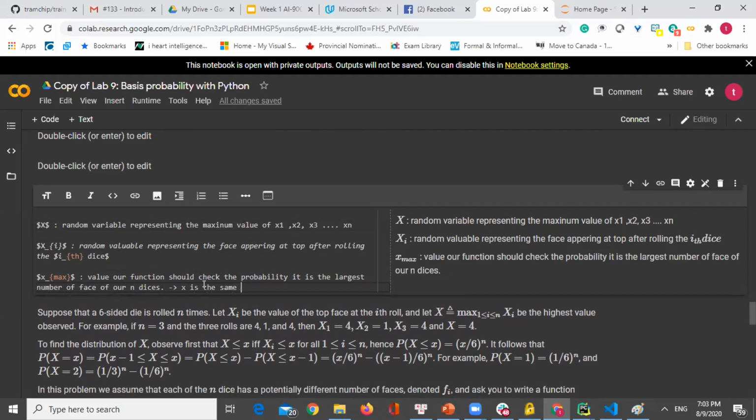So X is the same as X max. Yes. Okay, I got it. This makes things much clearer. I understand now.